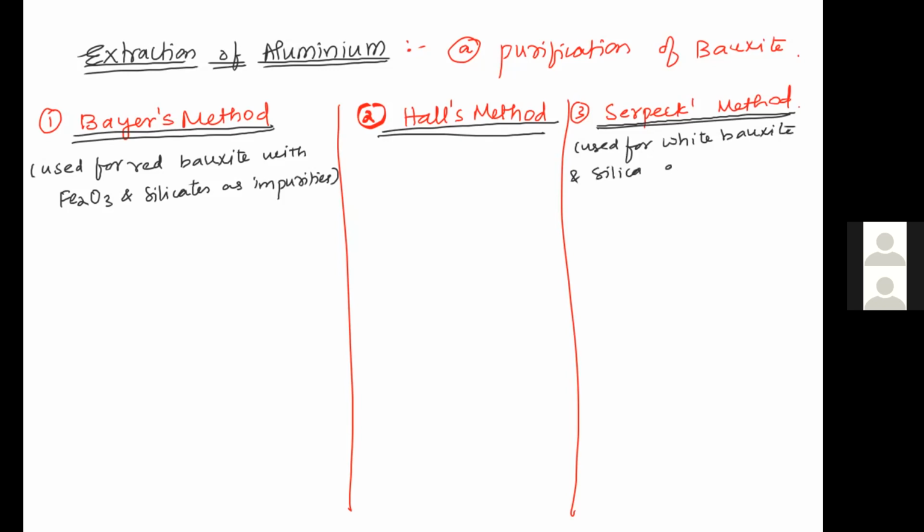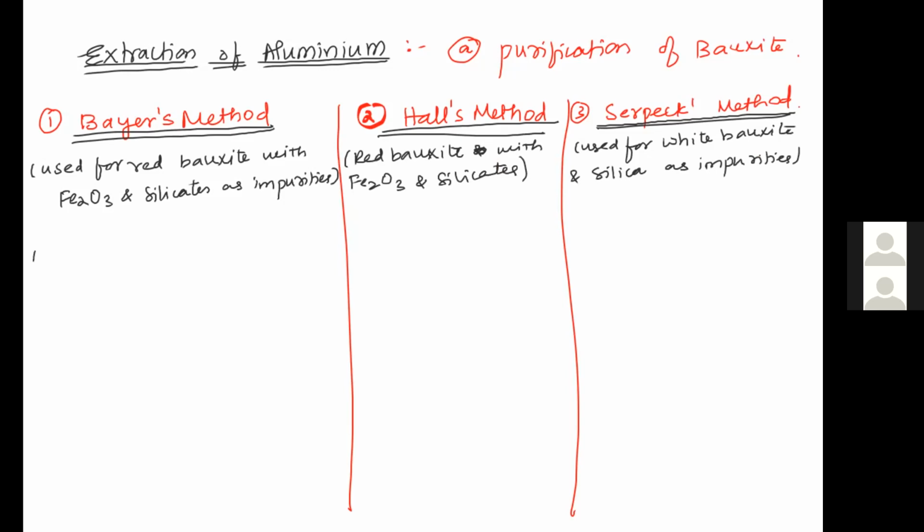Silica is different from silicates, please be clear. This is again same for red bauxite, with Fe2O3 and silicates as impurities.